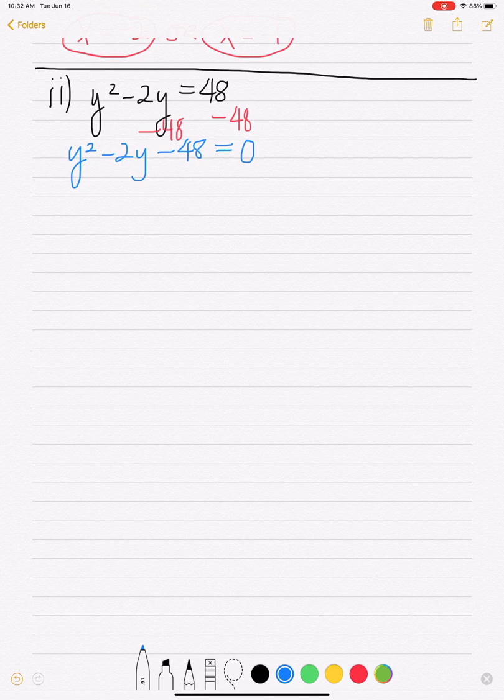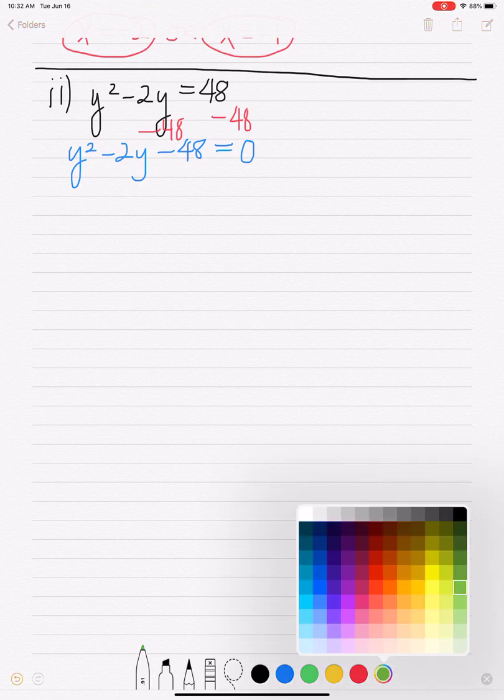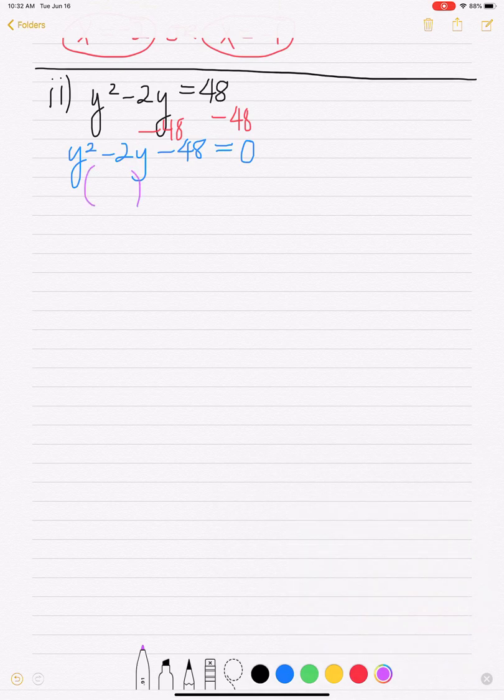Okay, so now we want to factor the left-hand side. I'm going to make 2 pairs of parentheses. And remember, this is all equal to 0 now. So I'm going to put a y in the first parentheses and a y in the second parentheses, y times y to get y squared.